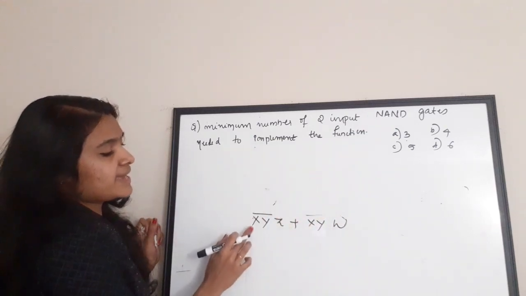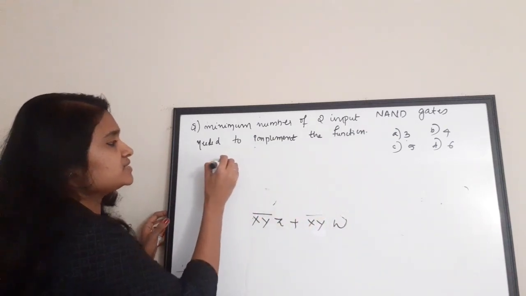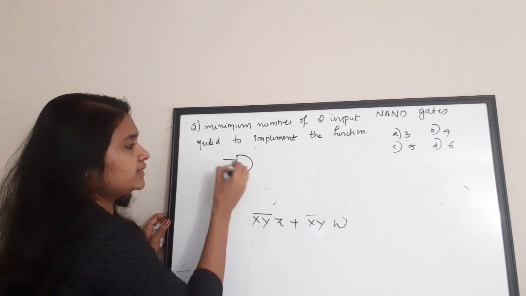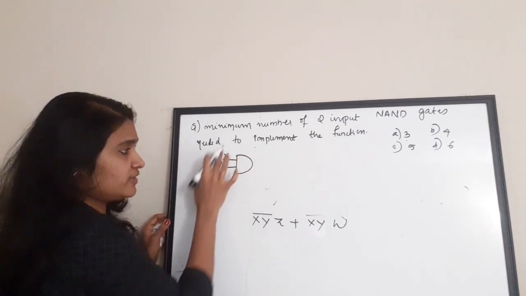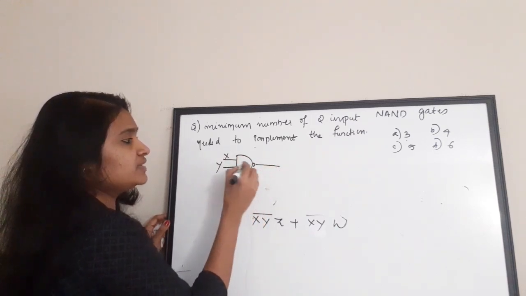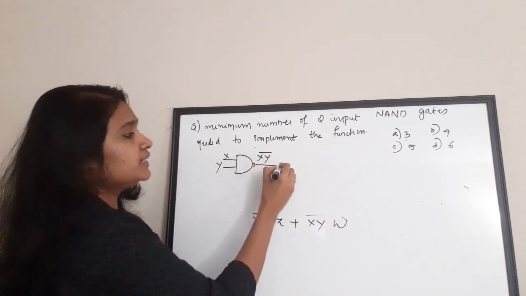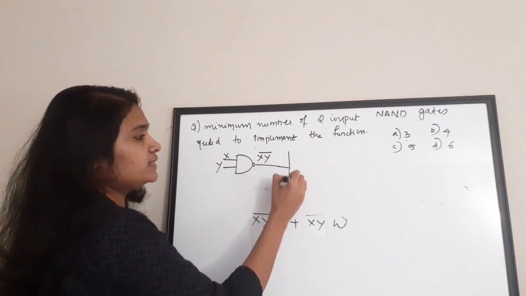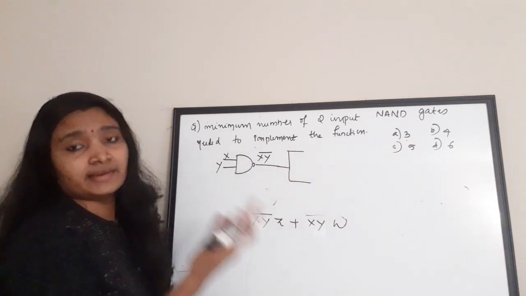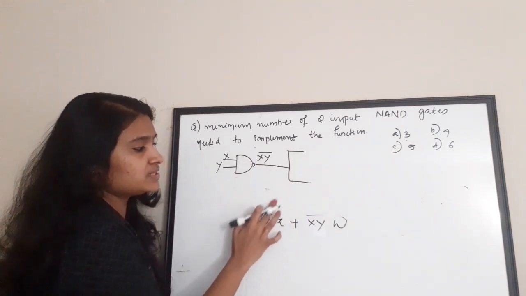The first term is XY bar. It is very simple, so you only need one NAND gate for this. X and Y are fed as input, and this NAND gate will give XY bar. That is our required expression. Then I'm going to apply this to another 2 NAND gates, because I need 2 other variables, right?